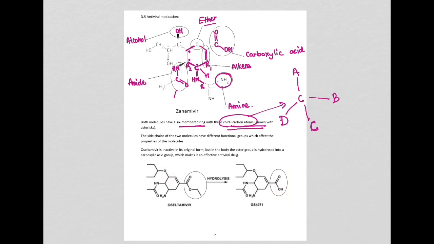But if you look at zanamivir, it already has a carboxylic acid, so it's already in the active form. So oseltamivir, in the original form, is inactive, but in the body it becomes active by the carboxylic acid group. So ester will form carboxylic acid.